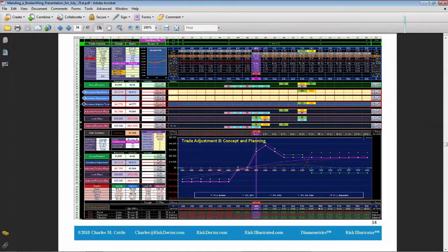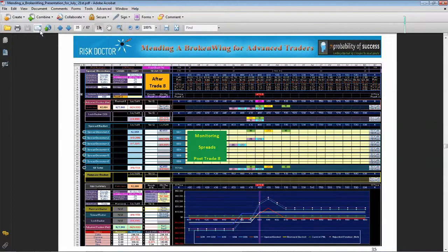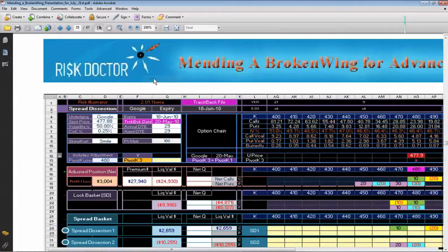Monitoring the spreads after 8. So I'm not doing butterfly dissection here. I'm showing you in a different way. I'm using spread dissector, so let's zoom in. Afterwards, I'm going to see that I got nothing left over except what's up above in these spreads. The first one's a butterfly, still targeting 490. That's still our target zone.